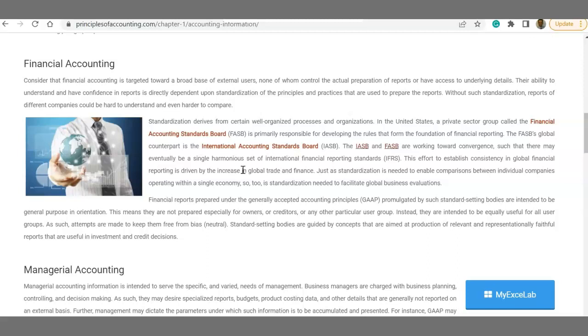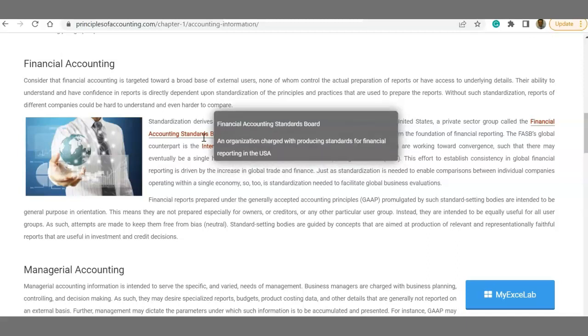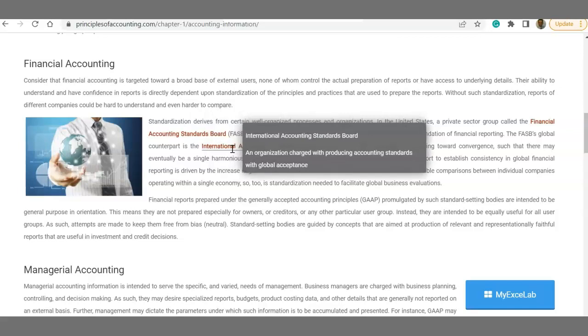I'll give you an example so you can understand. Under GAAP, let's say it says if it is more than 90%, you do X, Y, Z. You see, it's a bright line rule. But under IFRS, it says if it's a majority, then you do X, Y, Z. Okay, what is majority?